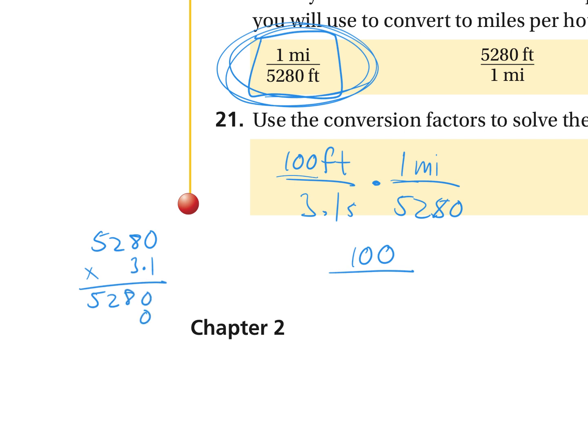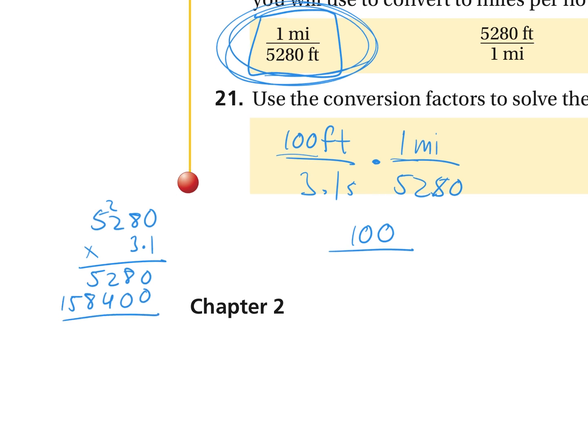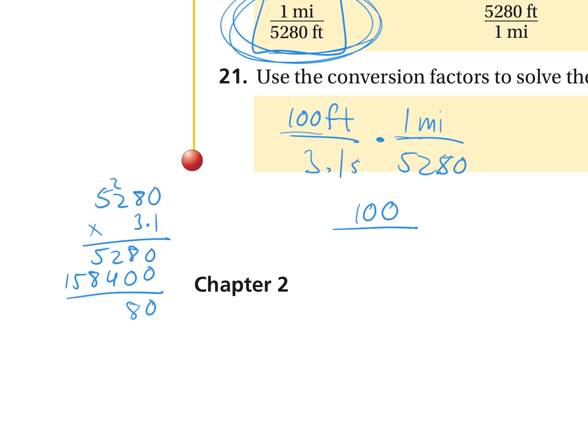And then 3 times this, drop the 0. This is going to get us 24. Something like this. And because we had a decimal place, we want to move it over 1.